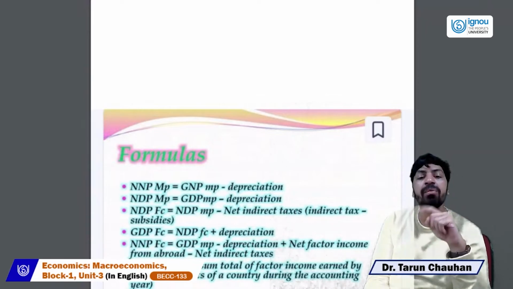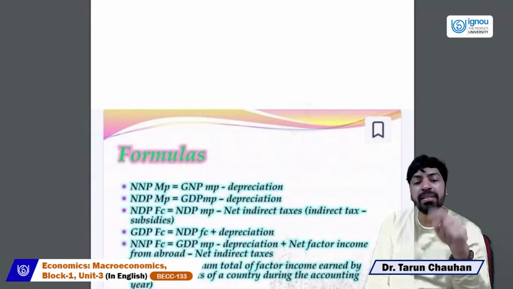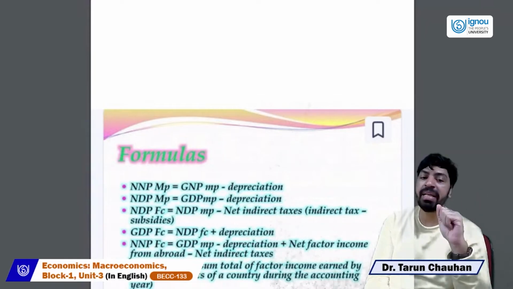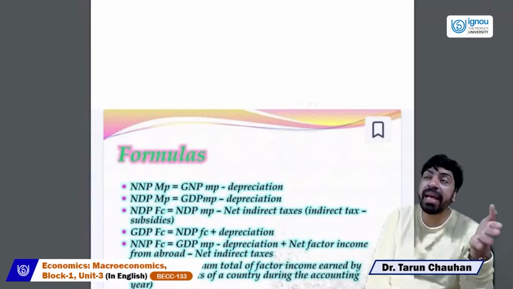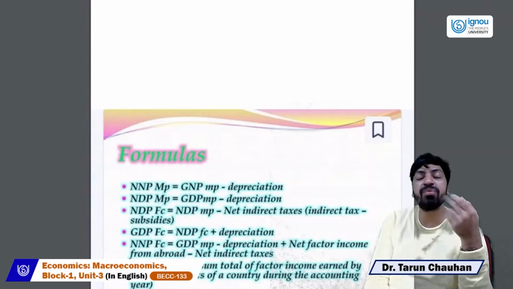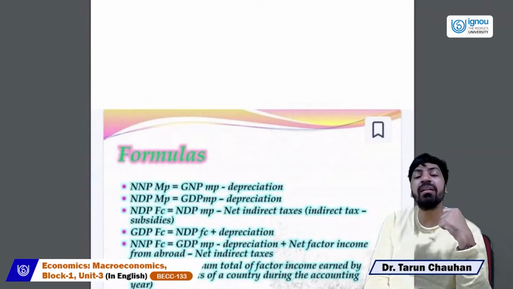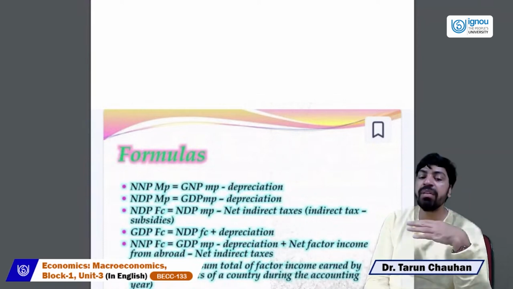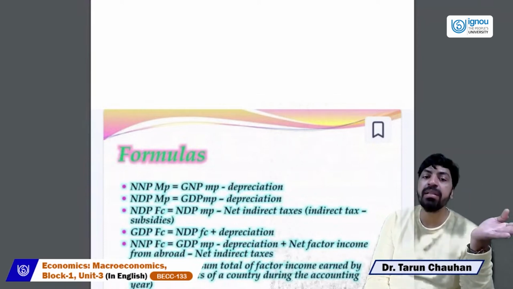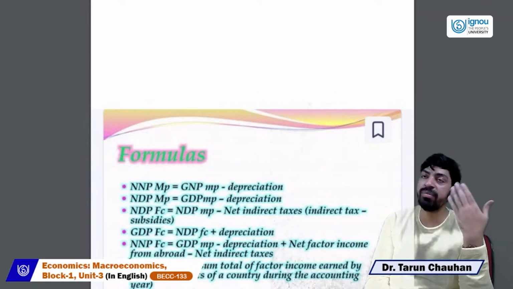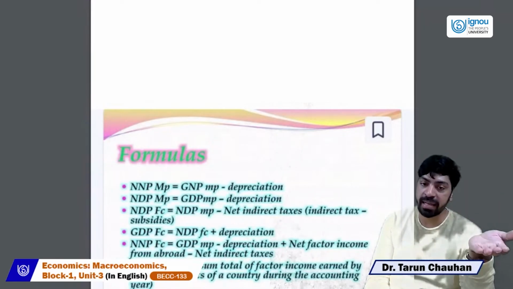When we talk about domestic to net, automatically you have to add the net factor income from abroad. If you go from market price to factor cost, you have to deduct the net indirect taxes.